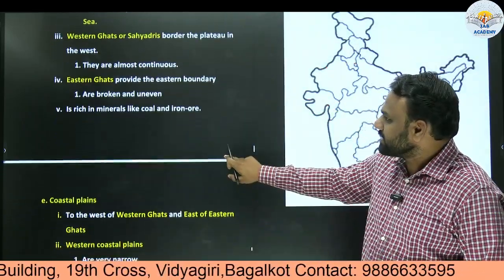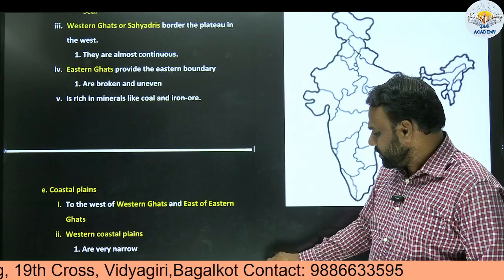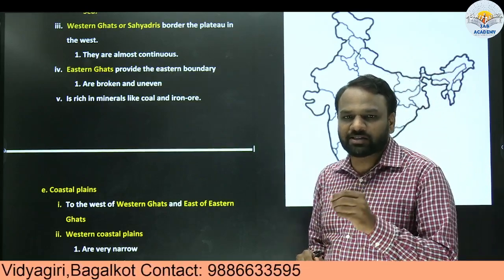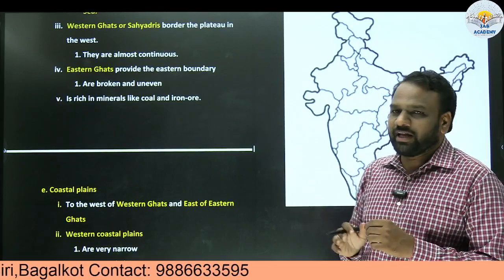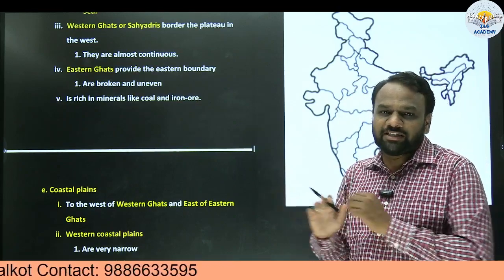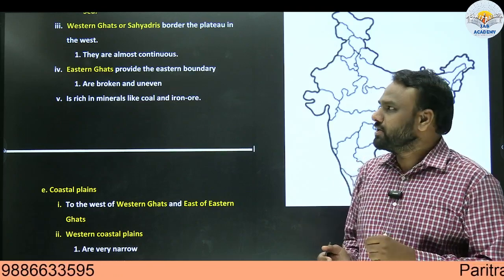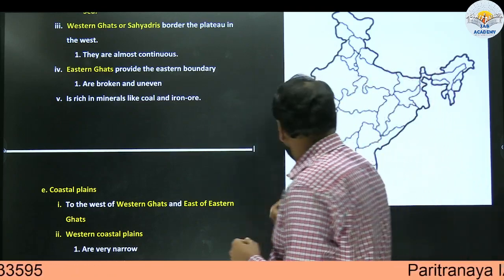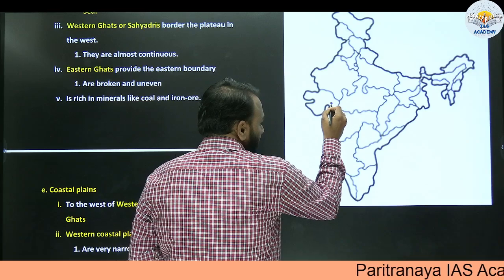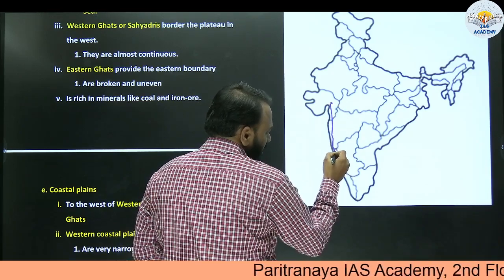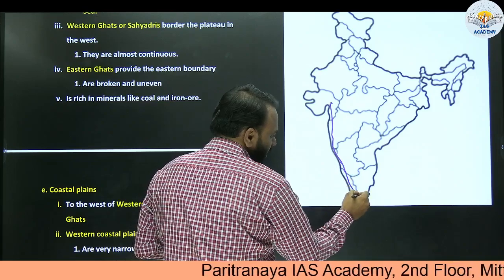The Western Ghats are also called the Sahyadris. A question has already appeared on the Western Ghats, probably in 2017 or 18, wherein they framed a question like this: Western Ghat is spread across 5 states. Is it spread across 5 states? No, it is spread across 6 states. Which are those 6 states? Sorry, it's Gujarat, Maharashtra, Goa, Karnataka, Kerala, Tamil Nadu.